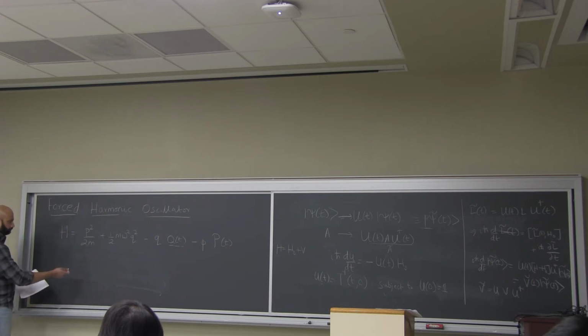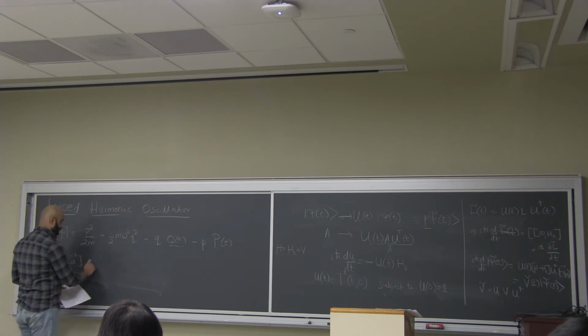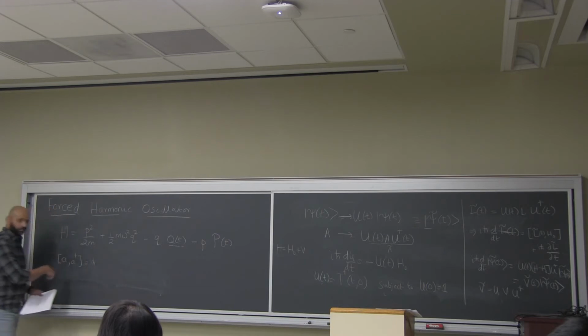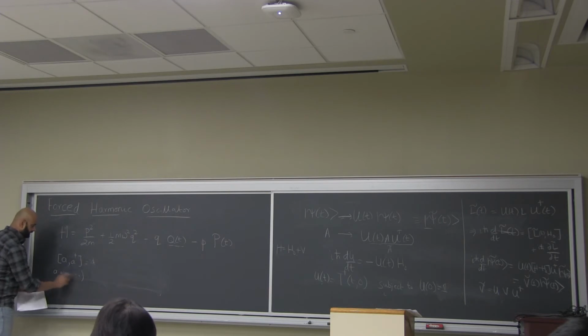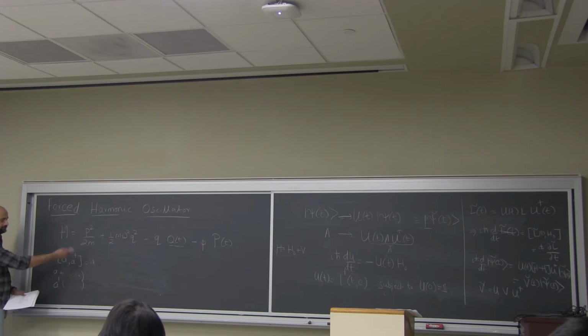I won't go through the details. You can do it in the homework, which is that if we now use the operators for the harmonic oscillator, A and A dagger, the classic. I'll write down the definitions later, but we redefine two operators, A and A dagger, in terms of Q and P, which satisfy these commutation relations, and then substitute them back into this Hamiltonian.